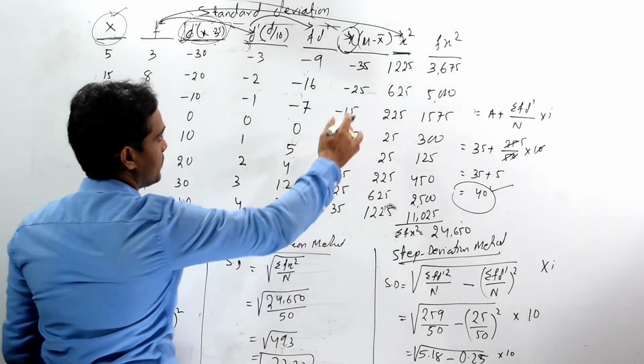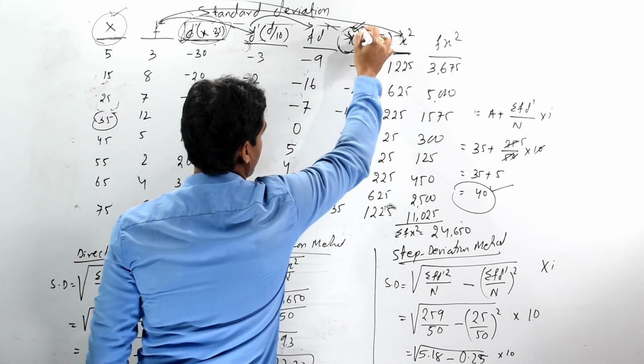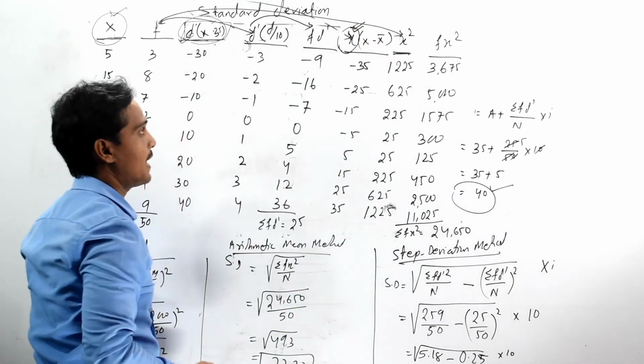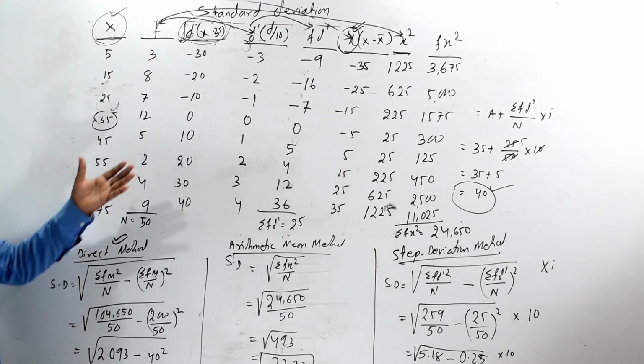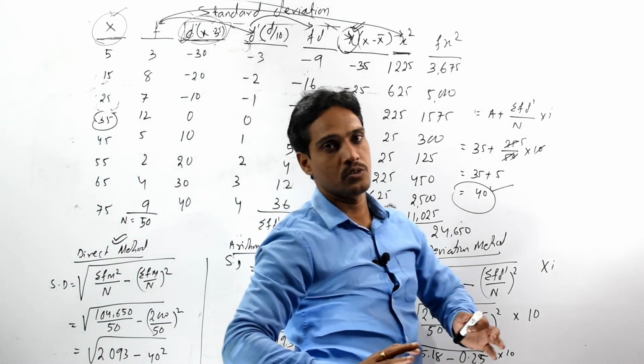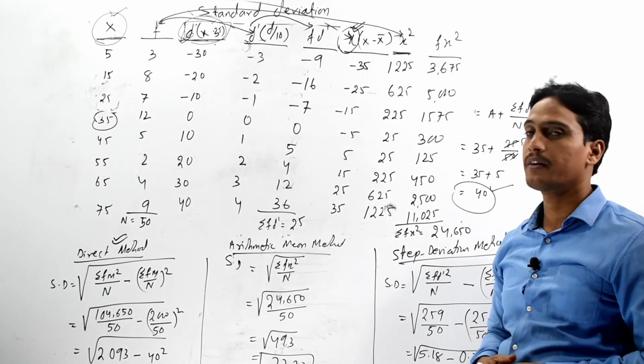And in case of the arithmetic mean method, here also we should compute small x, that is the difference x minus x bar, and all other procedures should be similar as in case of a continuous series.